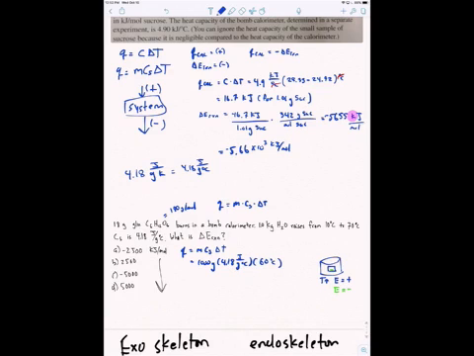I'm sorry, 18 grams of water. And then 18 grams of glucose, so glucose is 100 grams per mole.